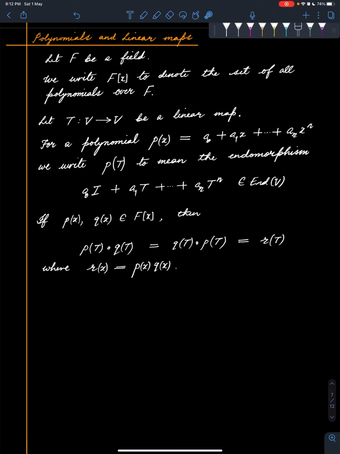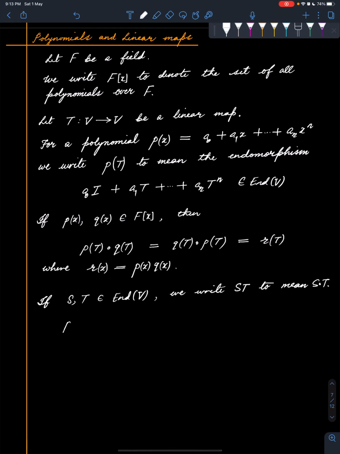And many times we will not even write this composition symbol. We'll just simply write p(T)q(T). So whenever we have two endomorphisms, we write ST to mean S composed with T. So just a matter of notation.